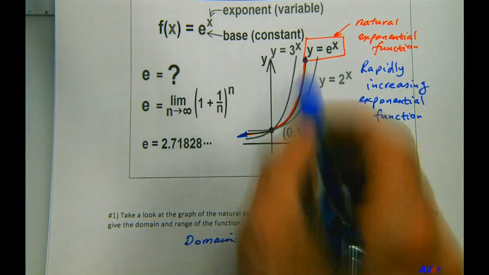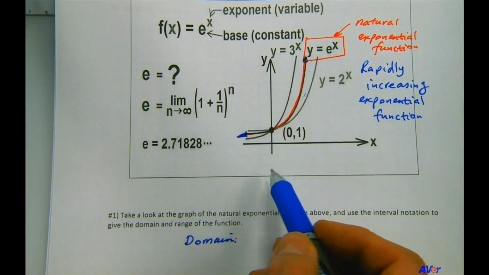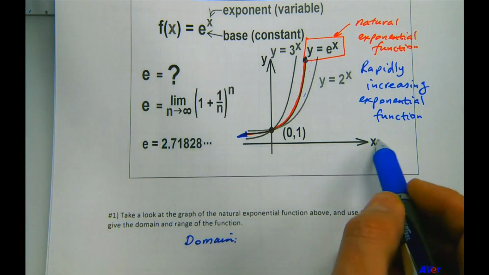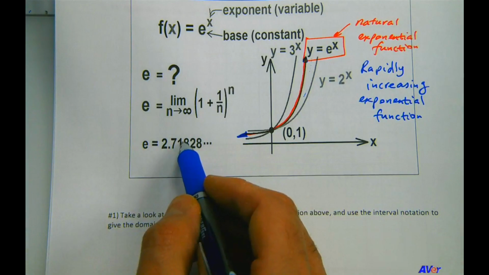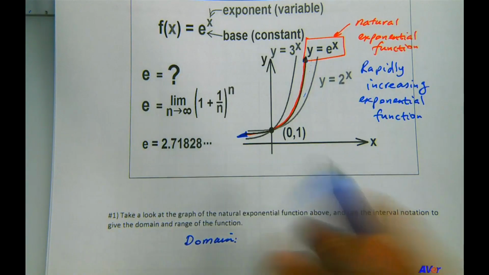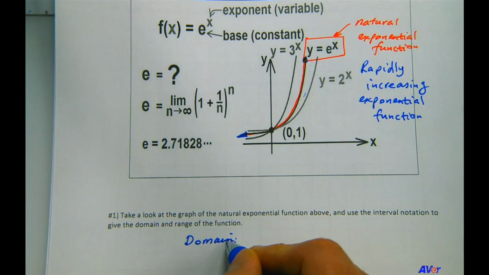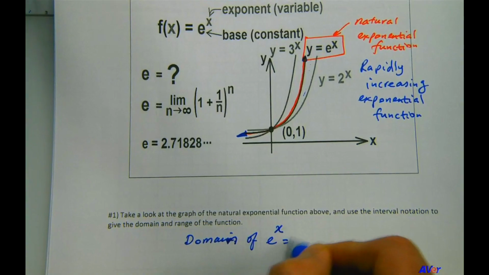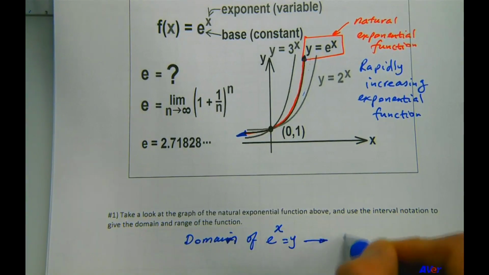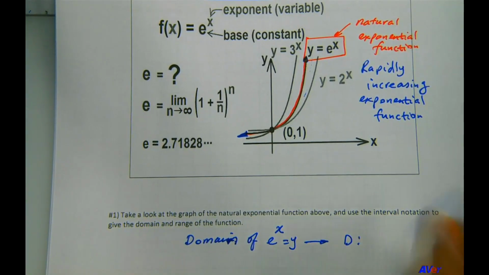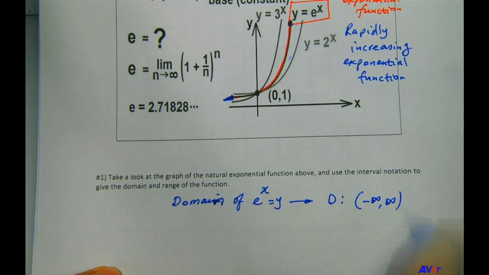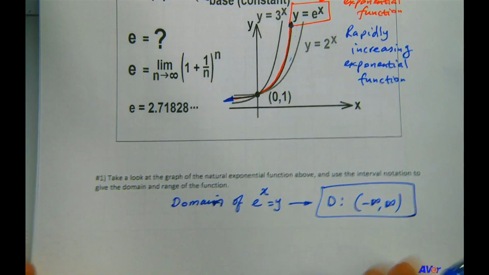This graph, and that function, natural exponential function, is able to take any value along the x-axis with no restriction whatsoever. So if that's the case, then the domain of e to the x, and this is y, is equal to negative infinity to infinity, right? There is no restriction.